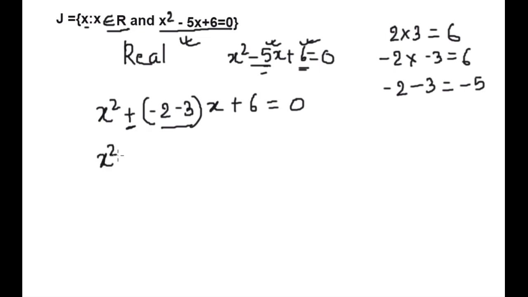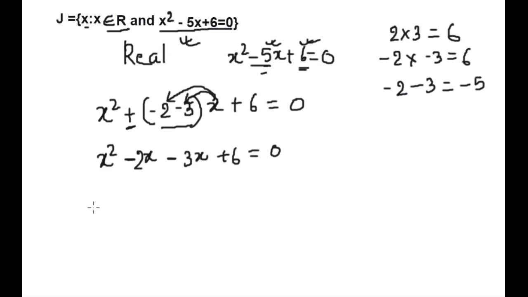Now we will solve this. We will multiply x in. So this is minus 2x and multiply with this. So this is minus 3x because plus minus is minus. Plus 6 is equal to 0.